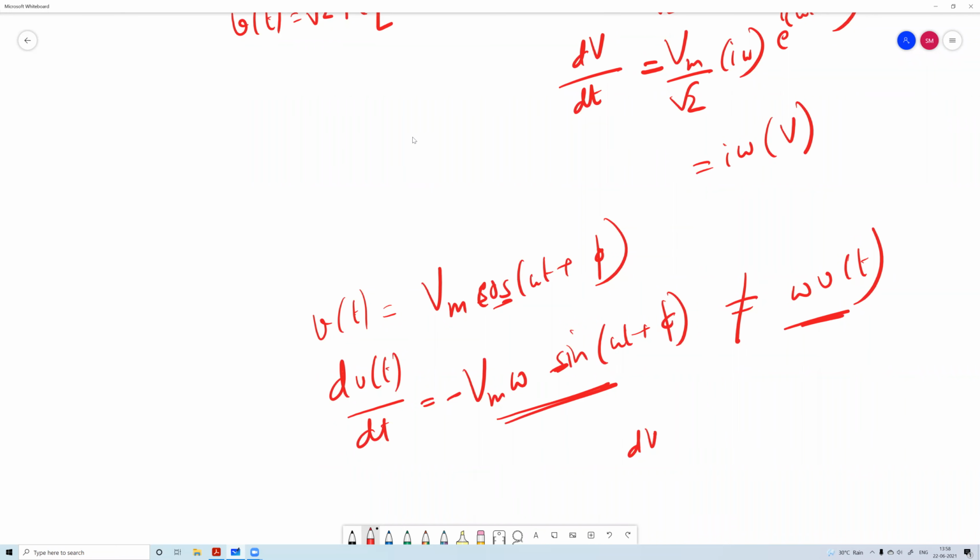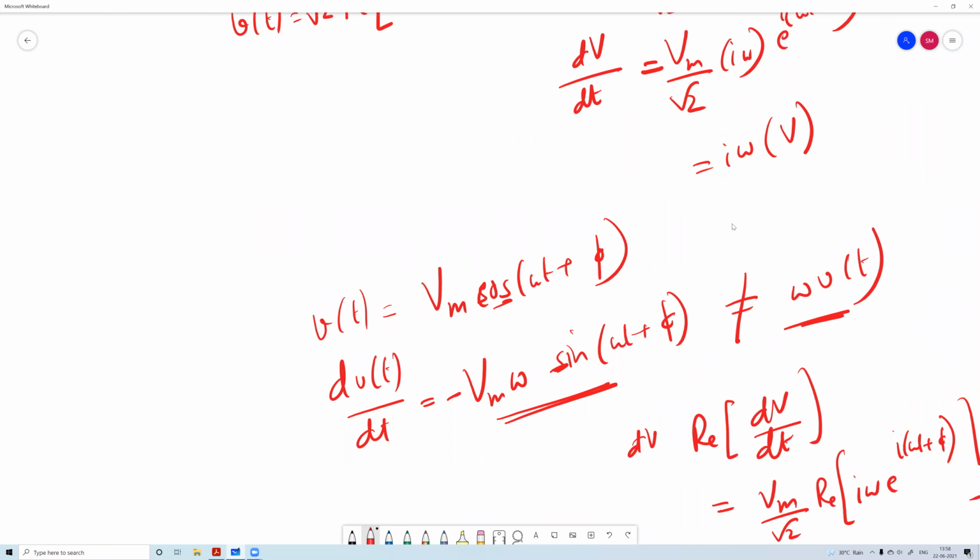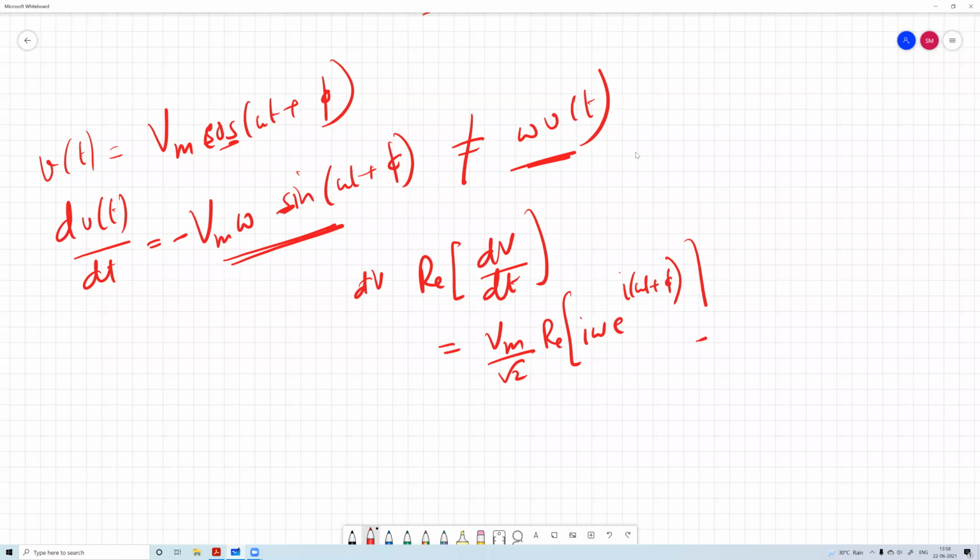What is the real part of dv(t) by dt? That is Vm by root 2, real part of i omega e to the power of i(omega t plus phi). Correct? Yes, sir. Be very careful and see.